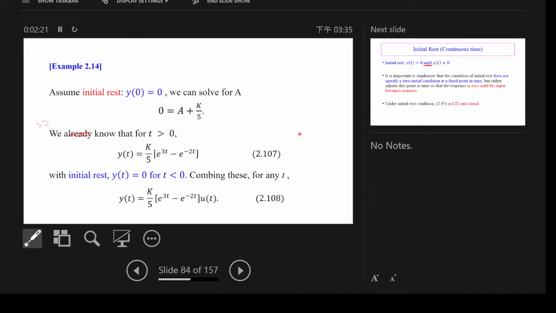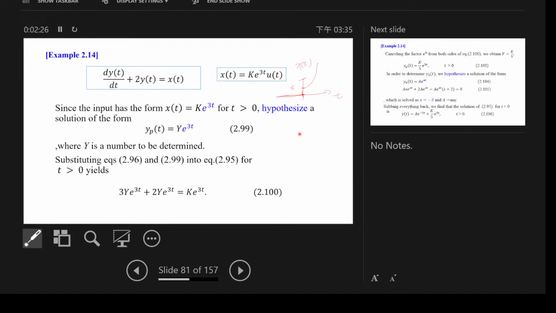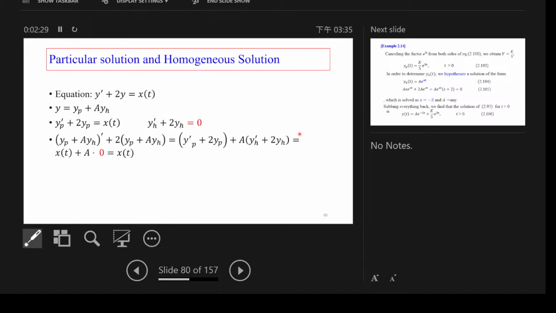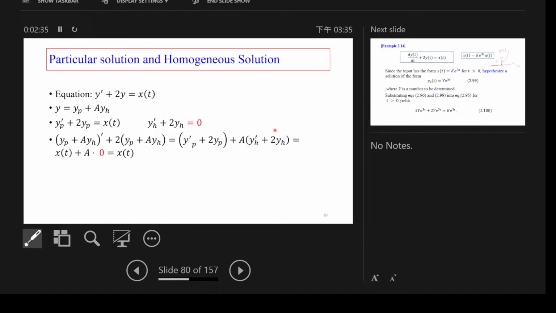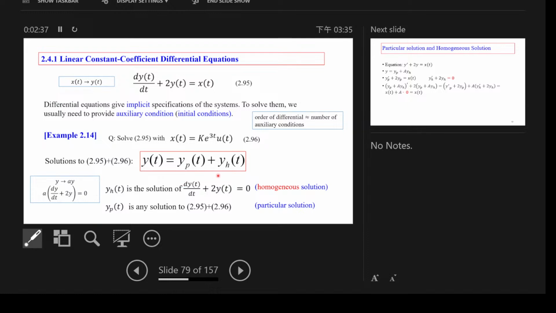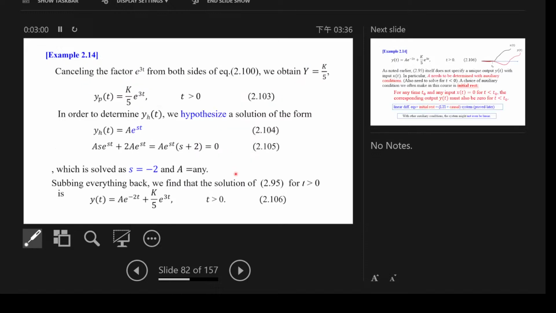And we also see that for a differential equation, there are usually a lot of solutions. So we can solve it without the auxiliary condition first, and the solution will be a particular solution plus a homogeneous solution. Then we use our initial rest condition or other auxiliary condition to determine the appropriate homogeneous solution to pick. In this example, dy/dt plus 2y(t) equals x(t), we solved for that.